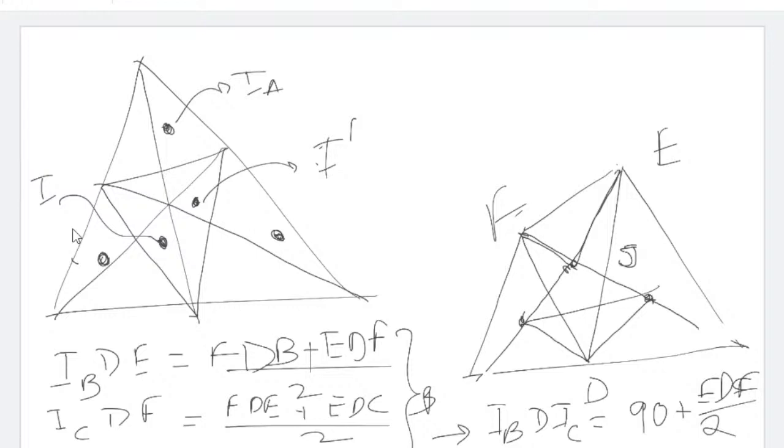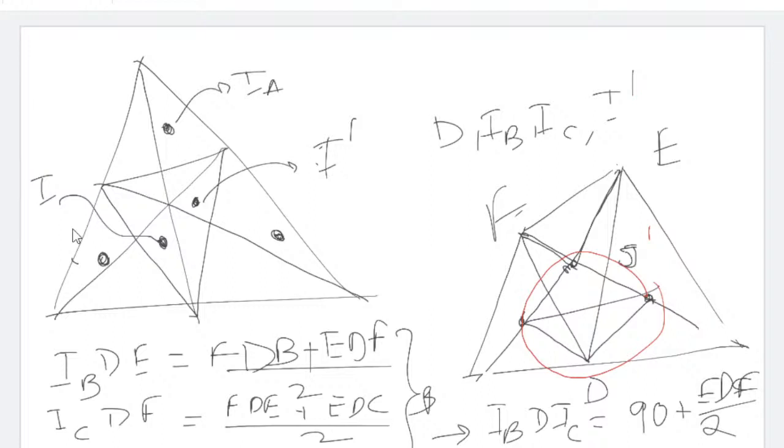One observation is that D, I_B, I_C, I_C dash lie on a circle, right? So this is basically just angle chasing. Okay, wow, nice.